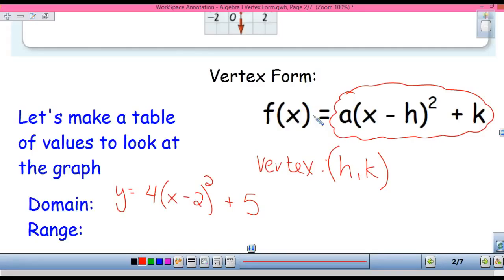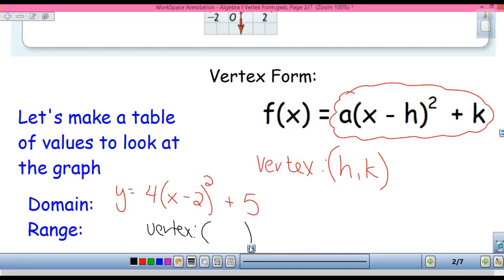Some of us aren't writing this down, and I'm not sure why. Okay, so if I wanted to find my vertex of this guy, what is my h?